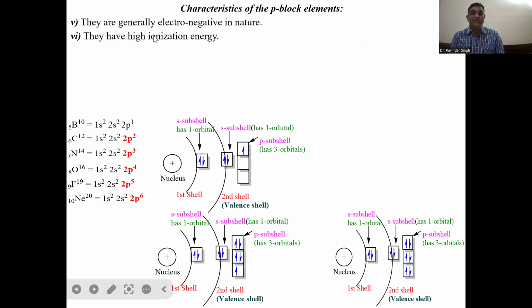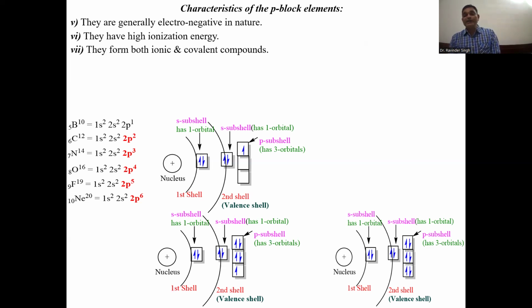So we can say they have high ionization energy. Their valence shell electrons cannot be lost easily, because they have more tendency to gain the electron than to lose it. Due to their electronegative nature, they have more tendency to take the electron and cannot lose it, so they have very high ionization energy.